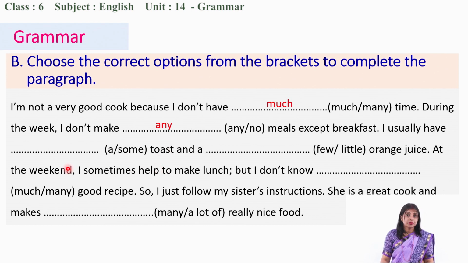Toast is a food. What have you used then? Good, yes, some toast. Okay, because it is uncountable again. I usually have some toast and orange juice. Orange juice countable or uncountable? Yes, it is uncountable. So, a little. I usually have some toast and a little orange juice.